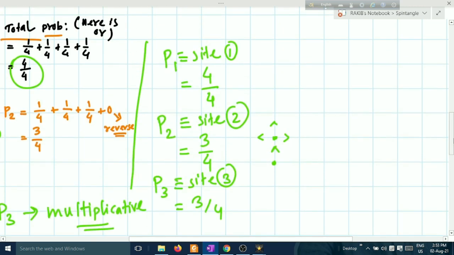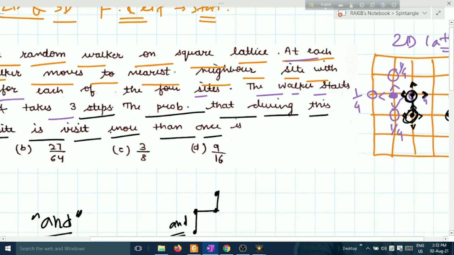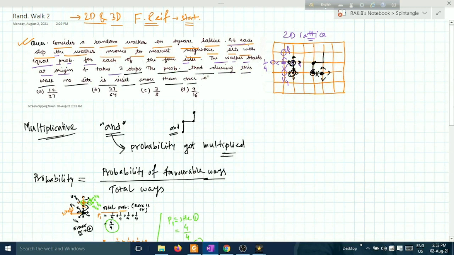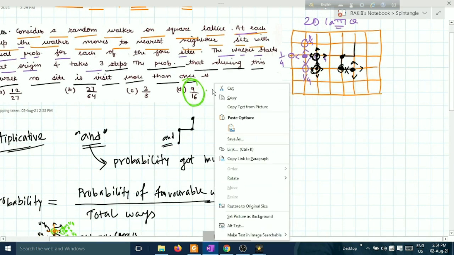Let us check the options. 9 upon 16 is our answer. This is the required option. Is it clear? This is the required option, 9 upon 16. This is our answer.